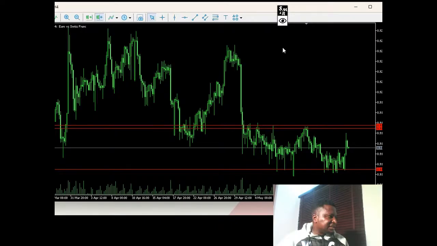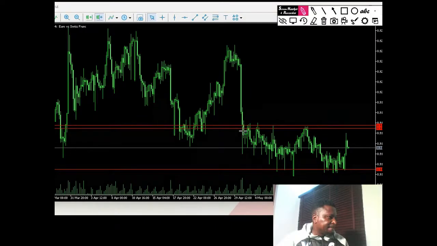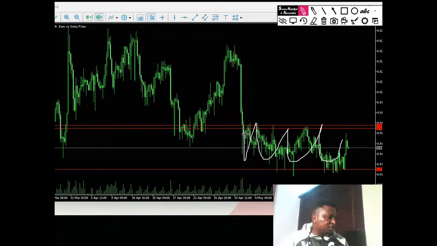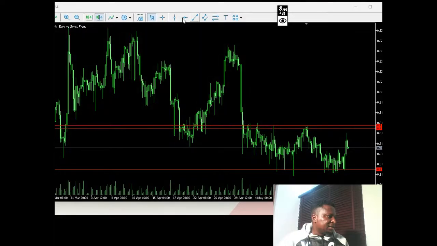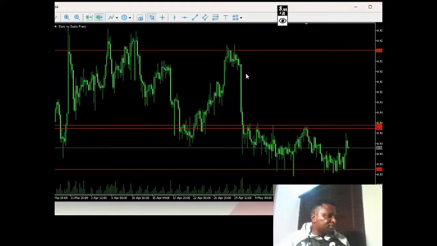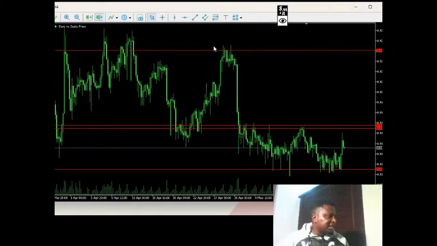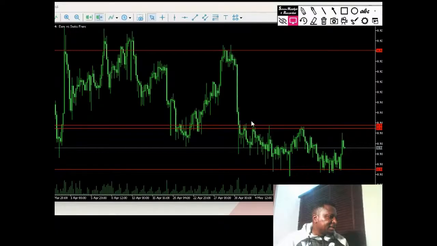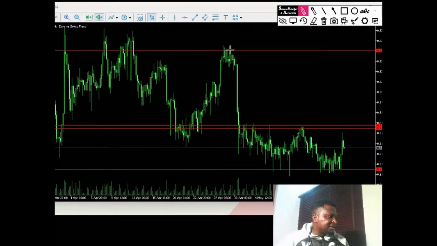Price has been ranging here. Okay, you can see from 4 hours. Now, all things being equal, most times what I do is I use a different line to draw. So you can see that price is playing around here. You can see that price dropped from here to here.